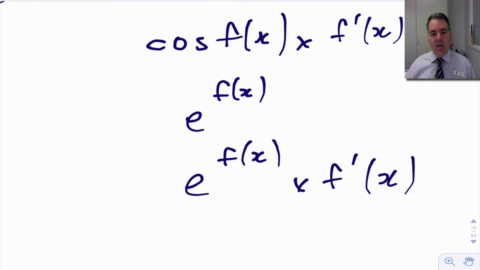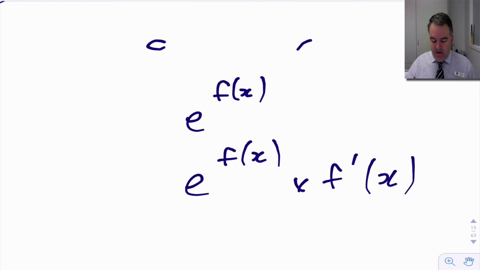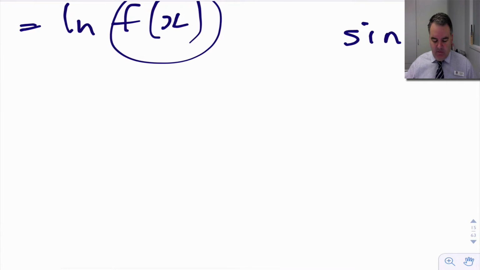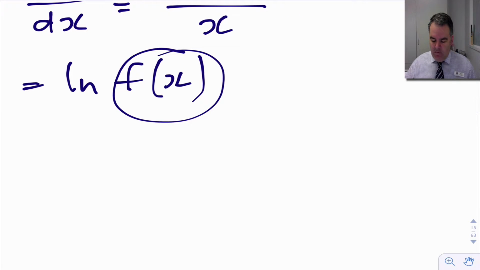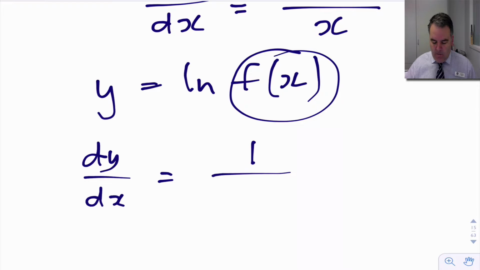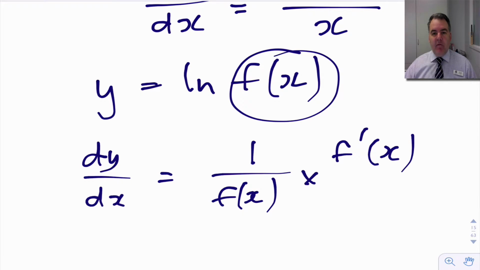Okay, so in each case you need to multiply by the derivative of what I call that inner function, and that's going to be the same here for when we're dealing with the natural log function. The derivative of ln f of x is just going to be 1 over f of x, which is just like the rule says. Remember, the rule is just 1 over x, and then we multiply it by the derivative of f of x.